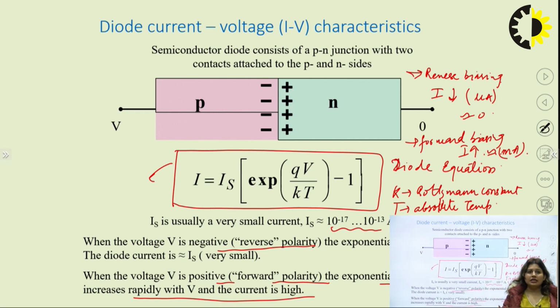Suppose you are using silicon, germanium or gallium arsenide, every semiconductor material has a specific built-in voltage. We have to cross that built-in voltage to make the electrons and holes move from one region to another in forward biasing.